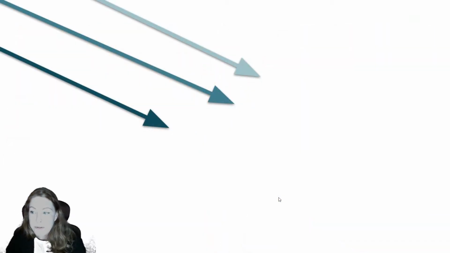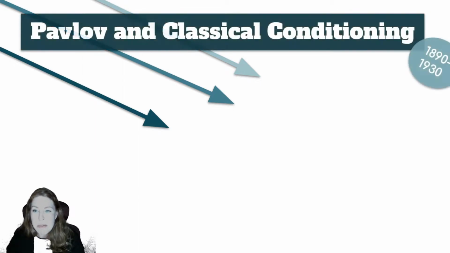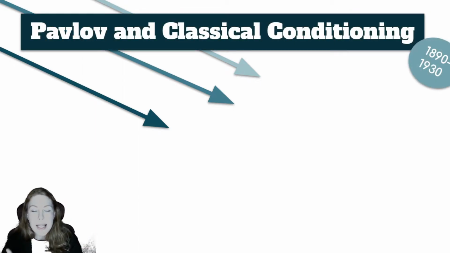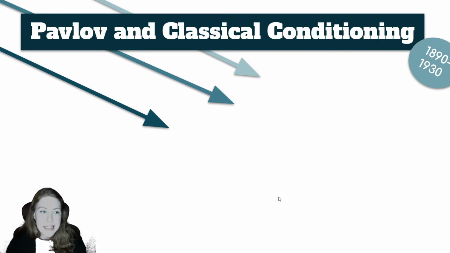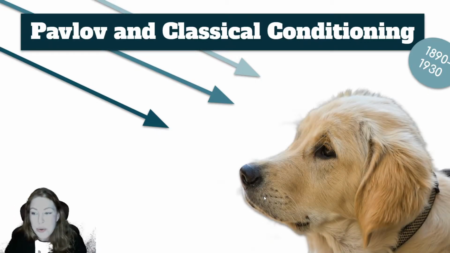In our first theory comes from an experiment of Pavlov and classical conditioning in 1890 to 1930. Pavlov was a dog who would react to certain stimuli that his owner gave him.